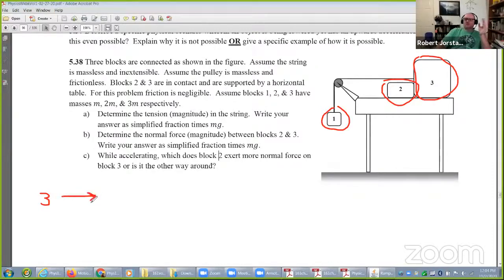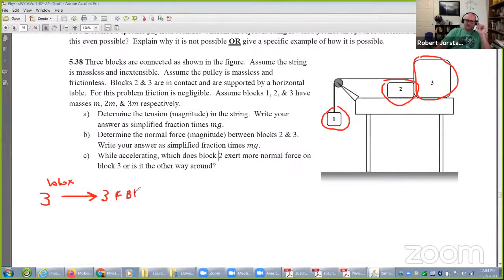So if there's 2 things that could be unknown per block, you might need an FBD per block to get the equations needed to solve for the unknowns. Just remember this. If you have 3 blocks, you need 3 FBDs. If you had 7 blocks, you'd need 7 FBDs.